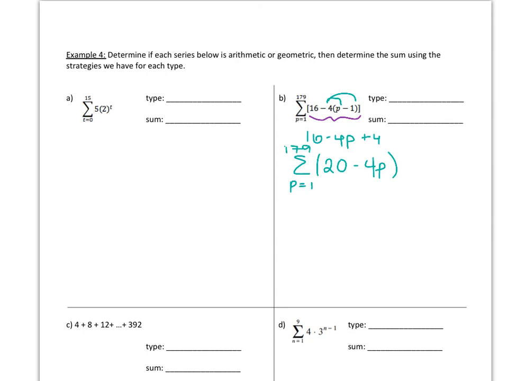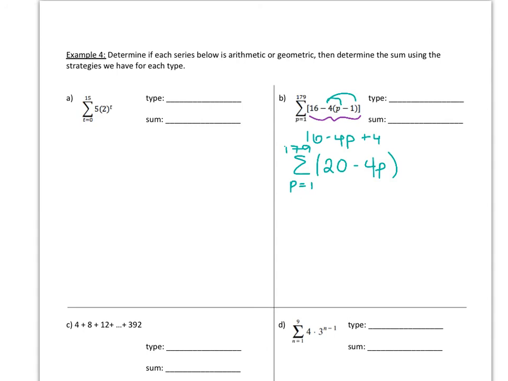So is this arithmetic or geometric? And hopefully you recognize that what you would be doing to generate each term is subtracting 4 repeatedly. If it helps, we could write it like this.